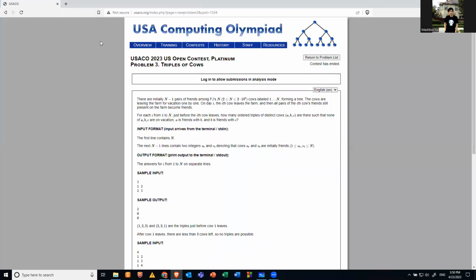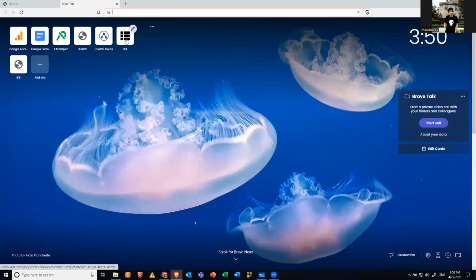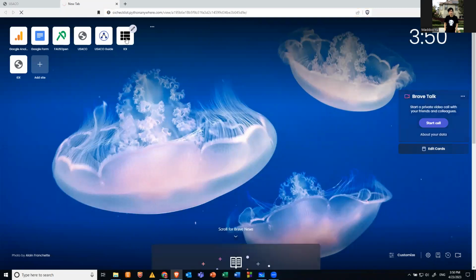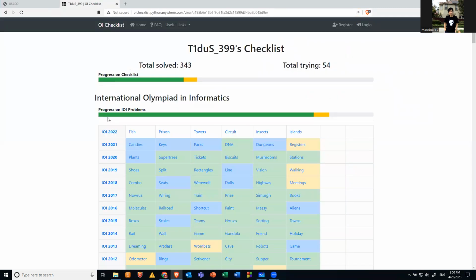So hopefully you are able to solve this. If you didn't, after this class, code it. Then next week we'll start going to talk about the 2022 ROI class, ROI problems. As usual, there are 6 problems.